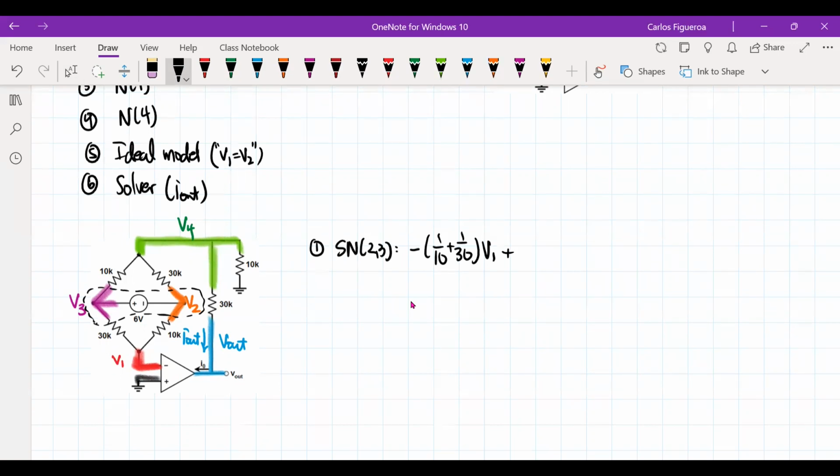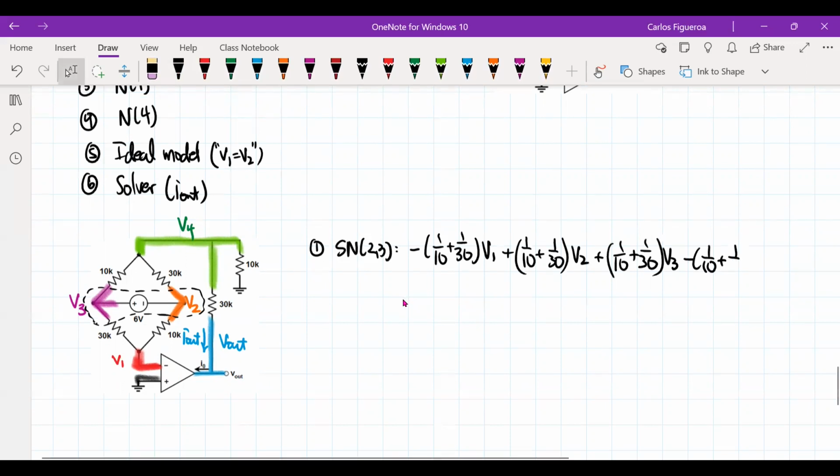Node 2 has resistors like that. Now note, then I look at node 3. Node 3 has 2 resistors connected to it. And then finally, I have 2 mutual resistors with V4, which then means that has to be minus 10 plus 30 V4 equals 0. There's my first one. Now let's go to the super condition.